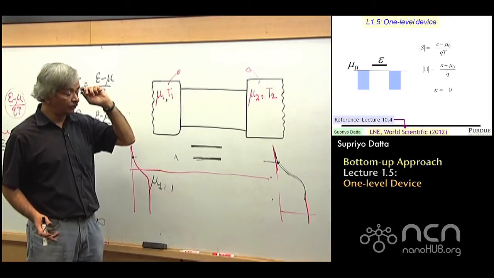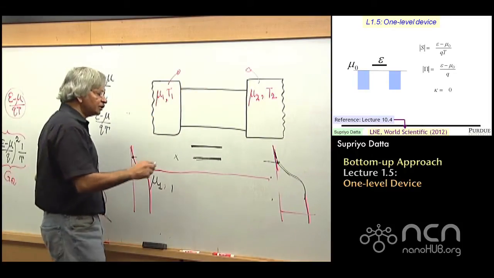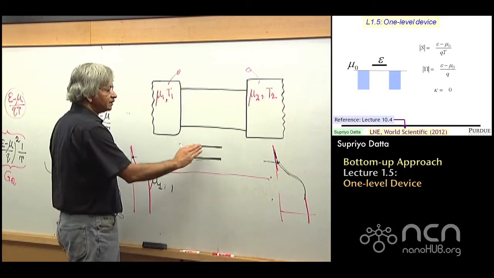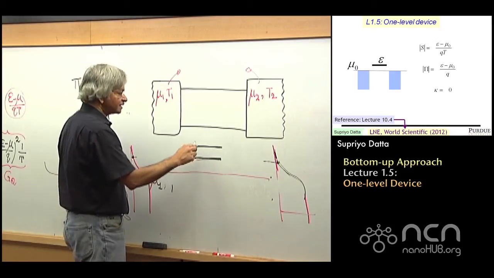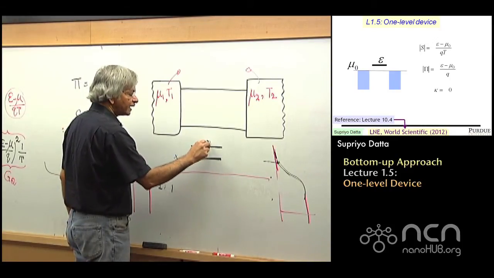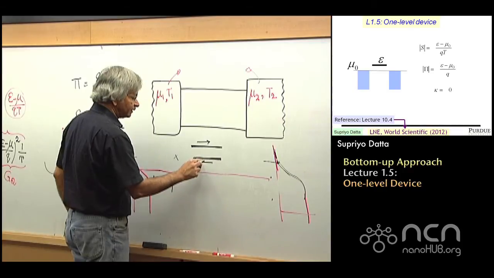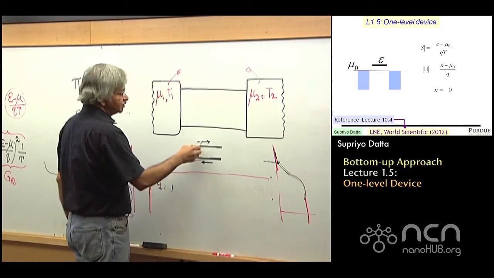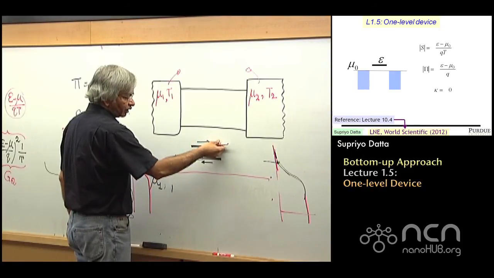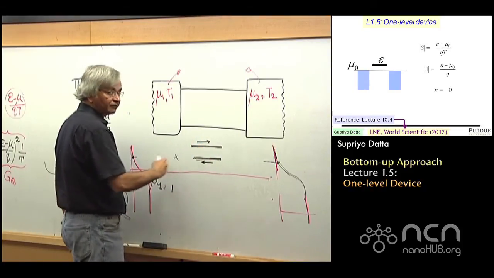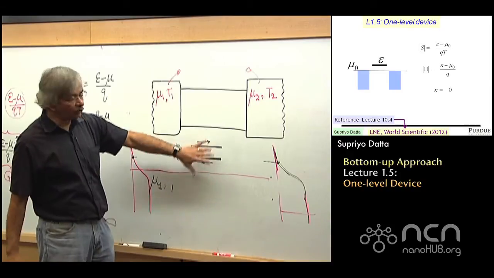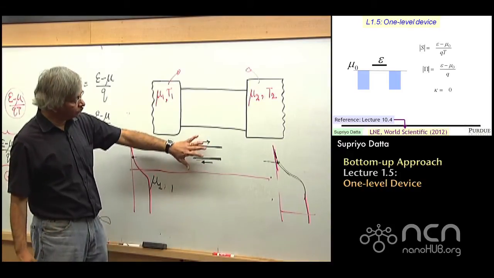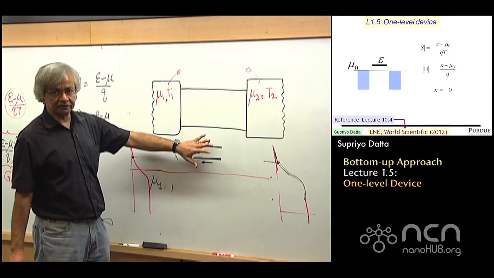I'm not letting current flow. But there is actually a current flowing at each of these levels. There is some current flowing here, and some current flowing back here. At one energy you'd have electrons flowing in one direction, and at a different energy you'd have electrons coming back, so that the overall thing is open circuited, with no net current.